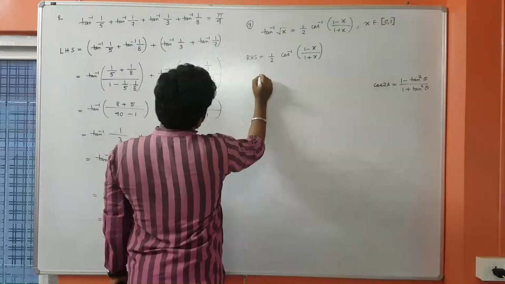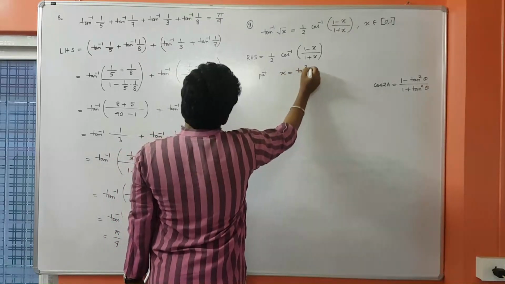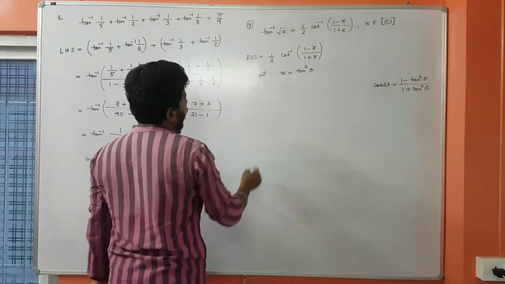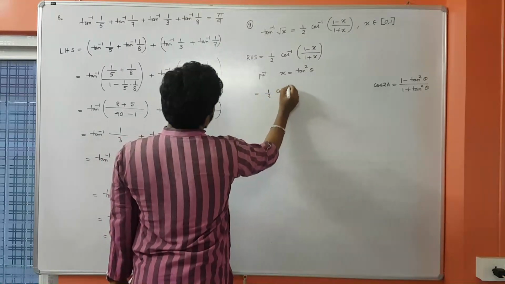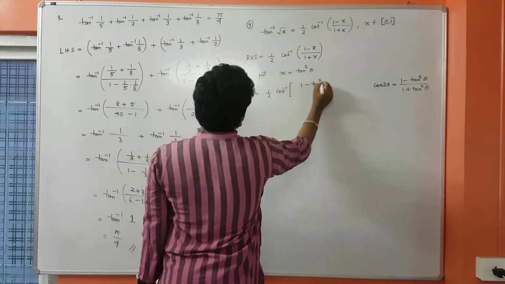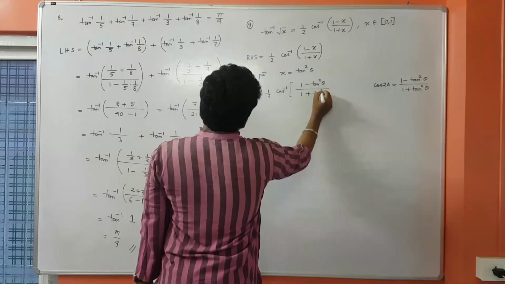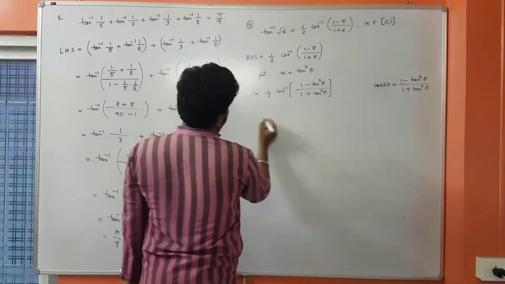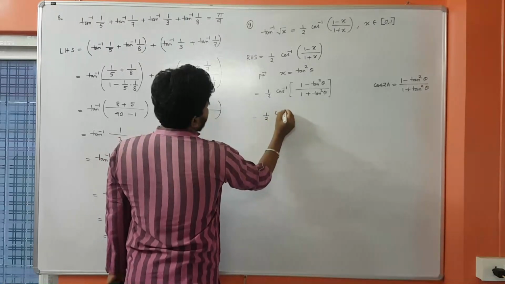So, if I put x equal to tan square theta, we will get half into cos inverse of (1 minus tan square theta) divided by (1 plus tan square theta).